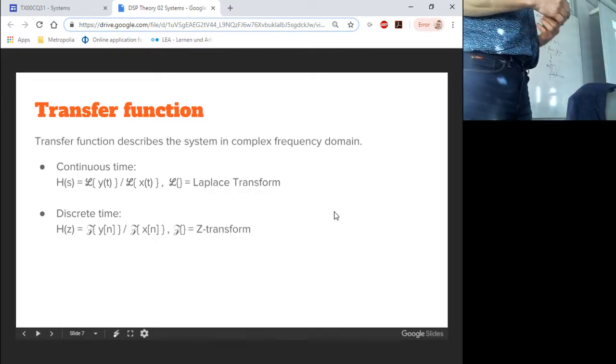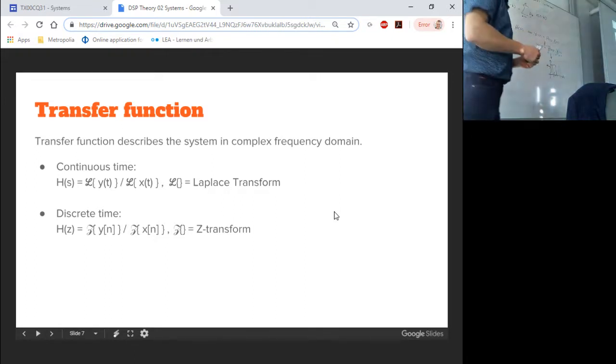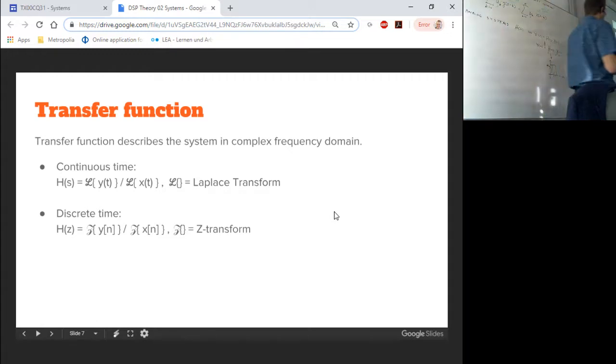Does it remind you of something? Maybe. Okay, for discrete time systems, instead of this Laplace transform, here for example X of s is the Laplace transform of x of t.